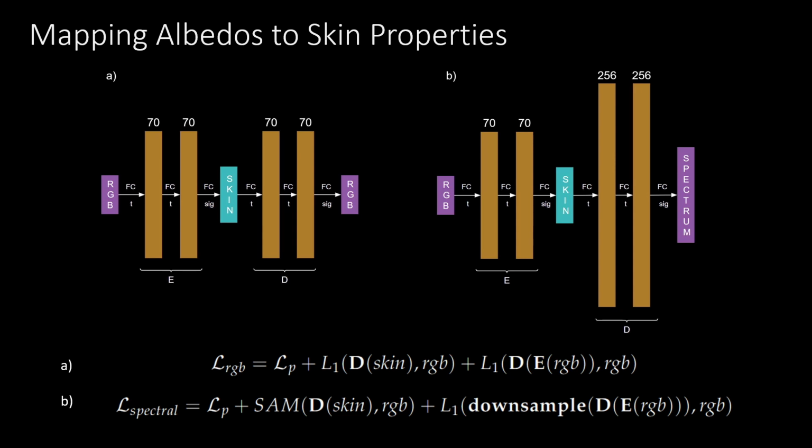Here we show two of the several tested options for learning the mapping. On the left, the network to map albedos in RGB to skin parameters and the reverse. On the right, exploiting spectral footprints in the decoder network to impose harder constraints in training. They share the same structure, an encoder-decoder with two fully connected layers of 70 neurons for RGB mappings and 256 for full spectrums.